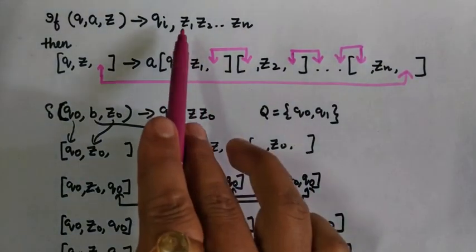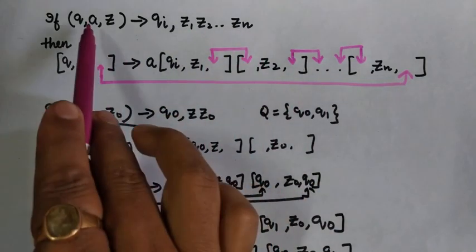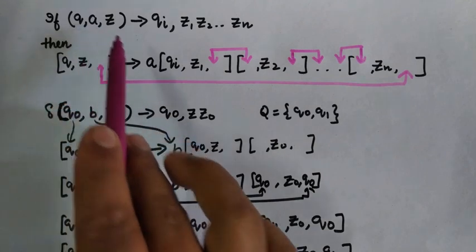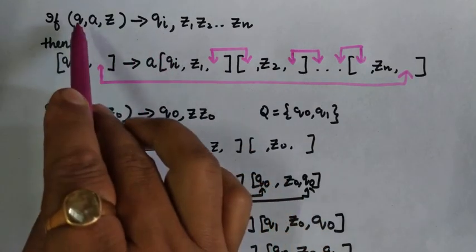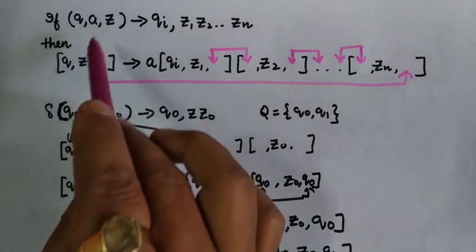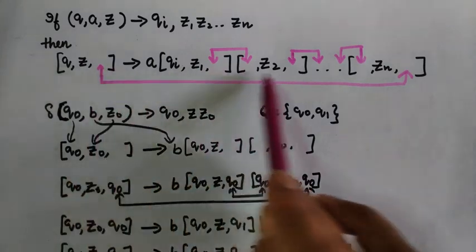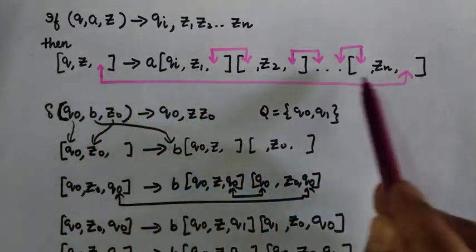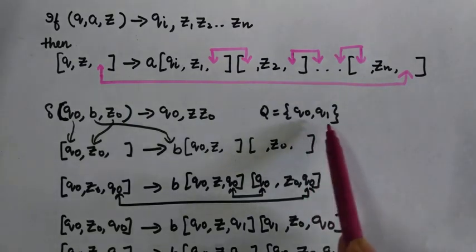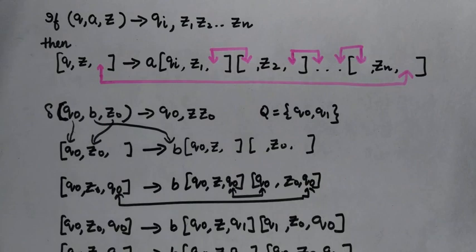So we will write these stack symbols in each variable, and this input alphabet symbol will be written here. This state will be written here. This state will be written here, and this stack symbol will be written here. And these blank spaces will be filled by all the combinations of states, keeping these states same.